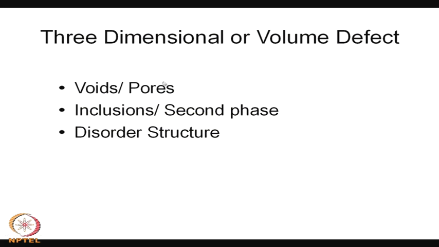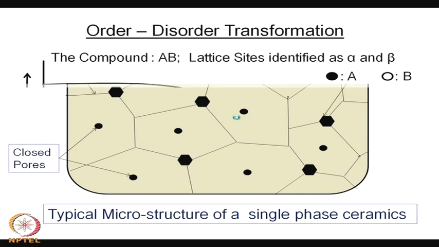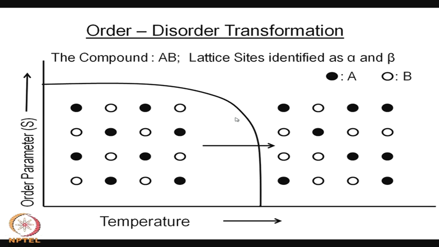The third one is what we call disorder structure. Disorder structure is also a 3 dimensional defect, and a simple example of this is of this nature.